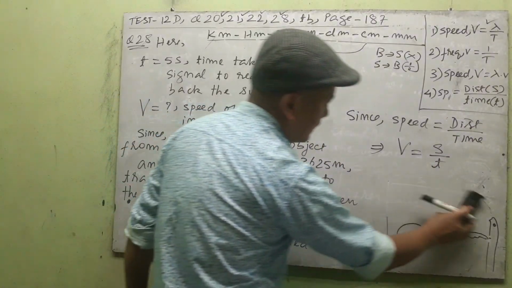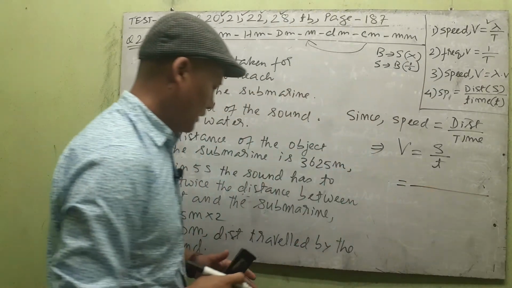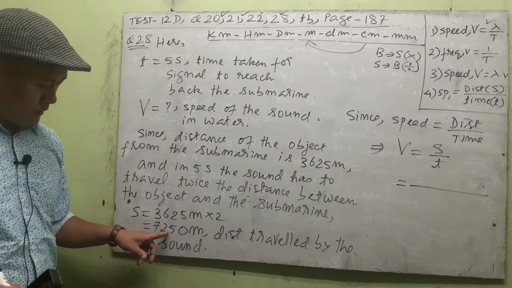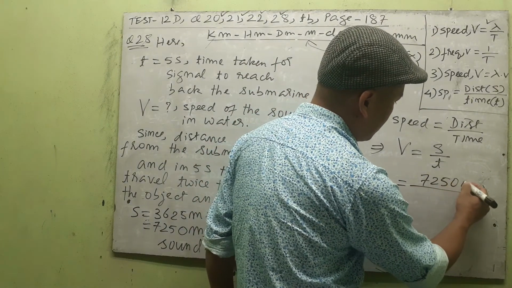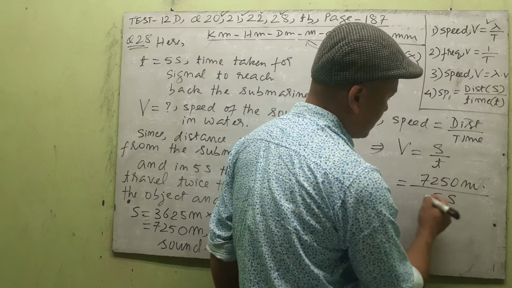And once we're through with that, it's a matter of calculating only. The sound goes and comes, double this one, not 3625, 7250. So 7250 meter divided by time to travel this much distance, which is 5 seconds.